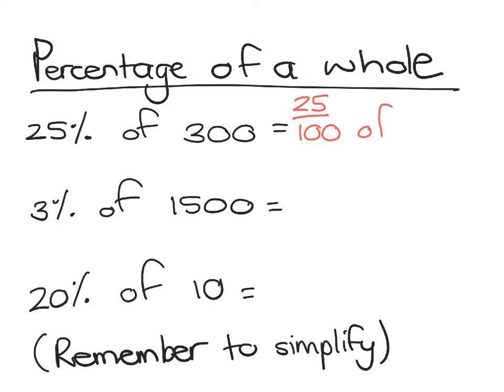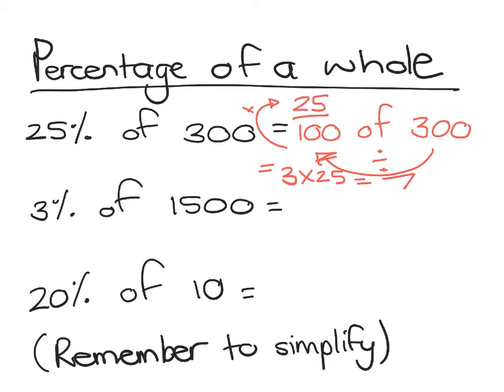Of can also be written as a times, but I'm just going to show you how to stick to our easy method of divide by the bottom and times by the top. So what is 300 divided by 100? That's 3. And then we must times it by 25, answer being 75.